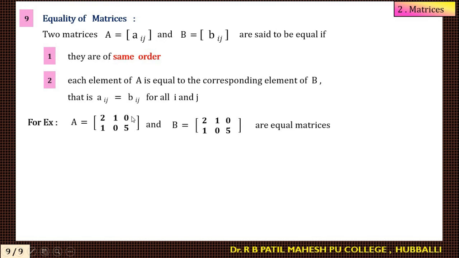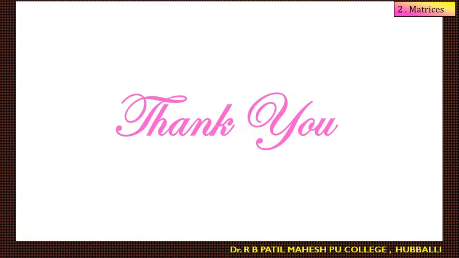In matrix A the third element a13 is 0, here also it is 0. So remember students, when two matrices A and B are equal, we write A equal to B. I hope you understood whatever I discussed in this video. Thank you.